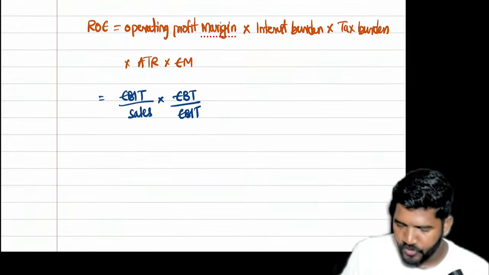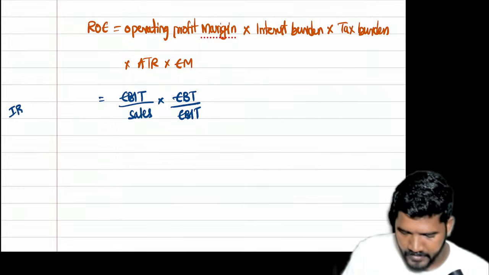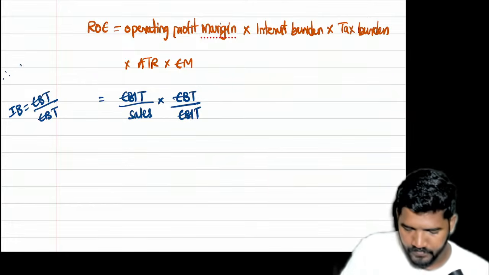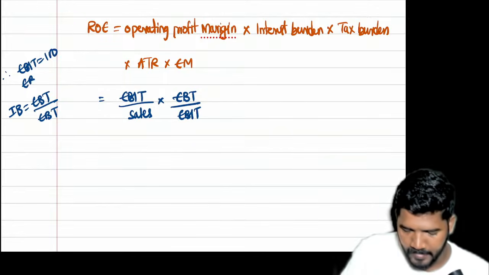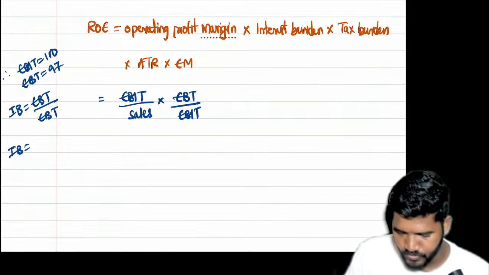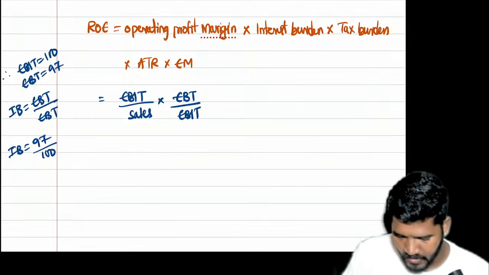Take an example: EBIT equals 100 rupees, EBT equals 97 rupees. Interest burden equals 97 divided by 100, so the answer is 0.97.